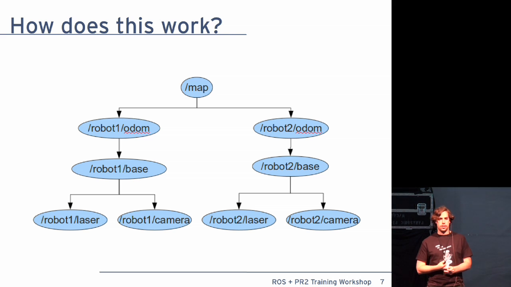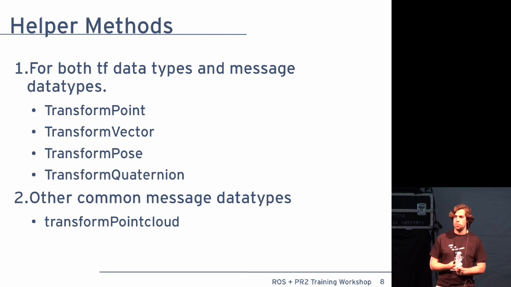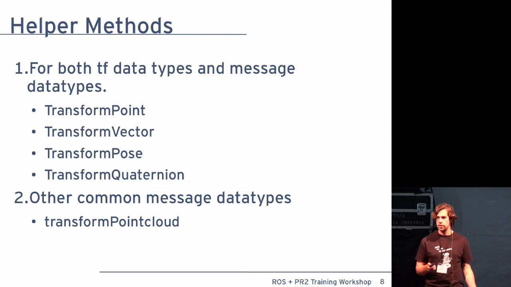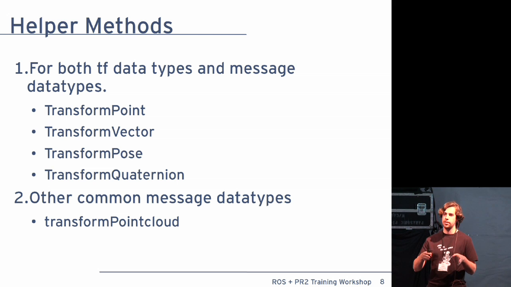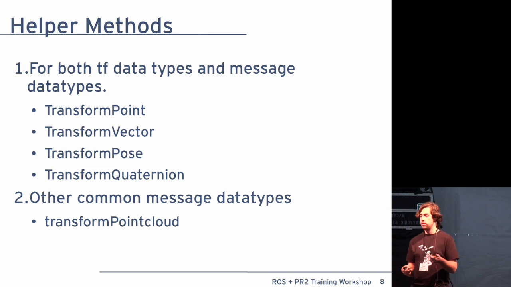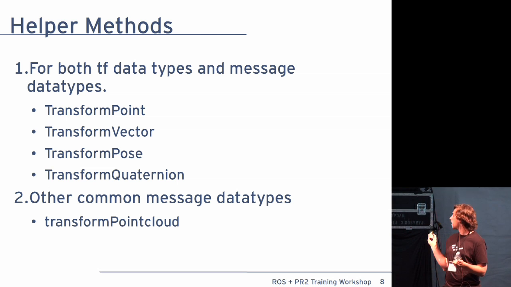So what you will actually end up using most of the time are the helper methods. These are basically methods that will take in the data, read the header to get the timestamp and the frame ID, and actually apply the transform to your data. They use pass by reference, and they will return.